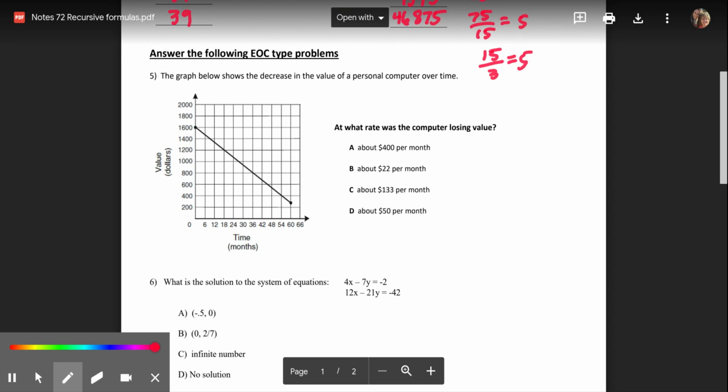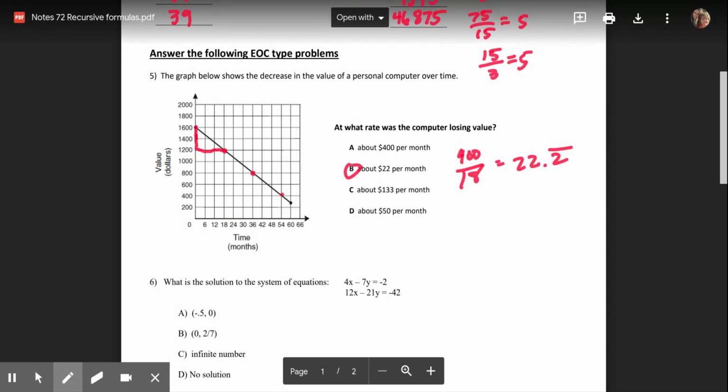So I'm just going to go down, and I see that it crosses through there, there, and there. So I'm going to go down 200, 400, and then over 18. So basically, it's 400 divided by 18, and that gives me 22.2 repeating, which is letter B.